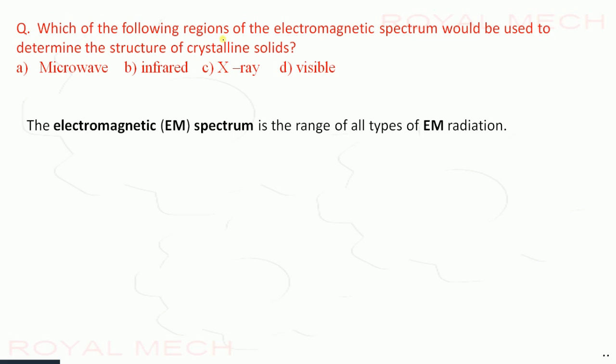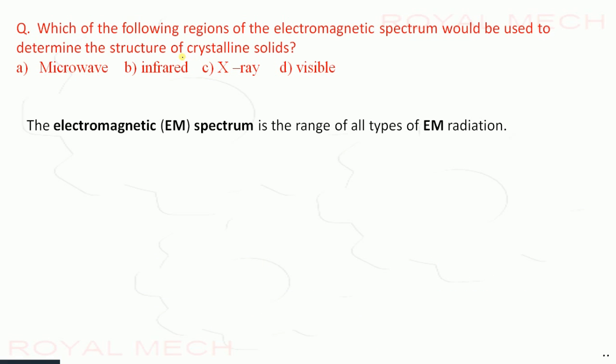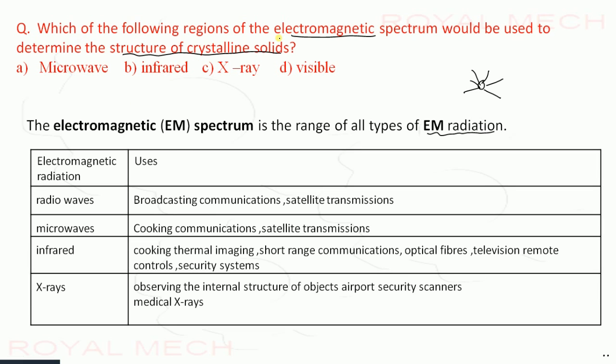Which of the following regions of the electromagnetic spectrum would be used to determine the structure of a crystalline solid? Microwave, infrared, X-ray or visible. So here electromagnetic spectrum, that is EM, is the range of all types of electromagnetic radiations. So here we have a table.